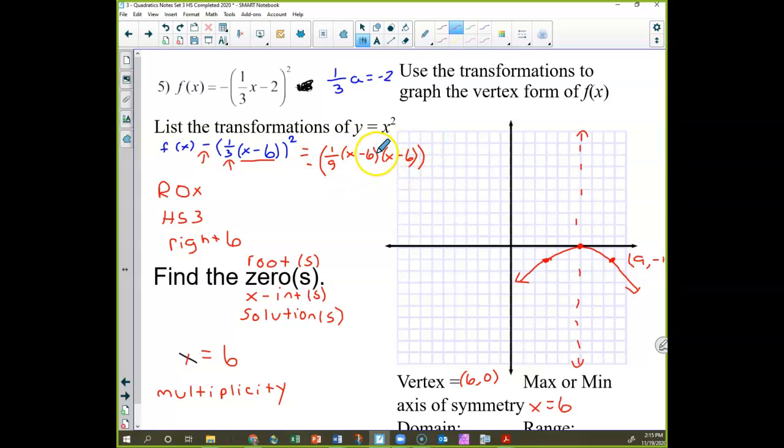But I have x minus 6 times x minus 6 twice. So really, if I'm listing the solutions, I just have 6 twice. It's repeated. It has a multiplicity of 2. That root, that x-intercept, that factor x minus 6 has a multiplicity of 2.